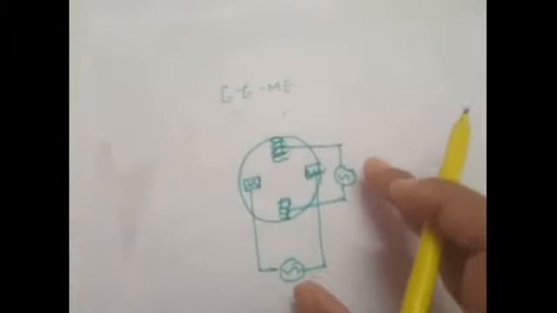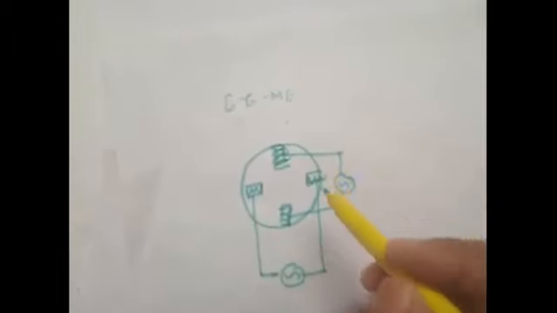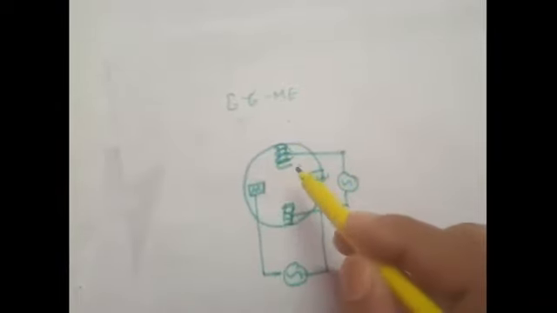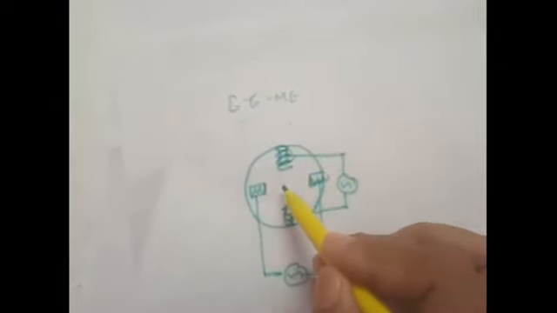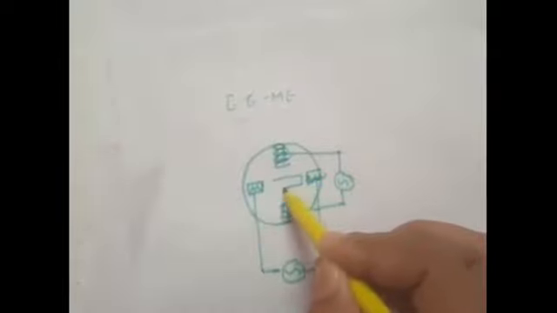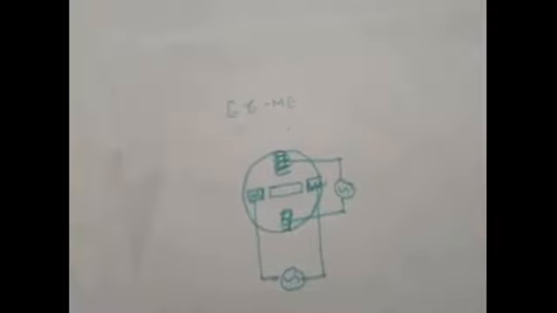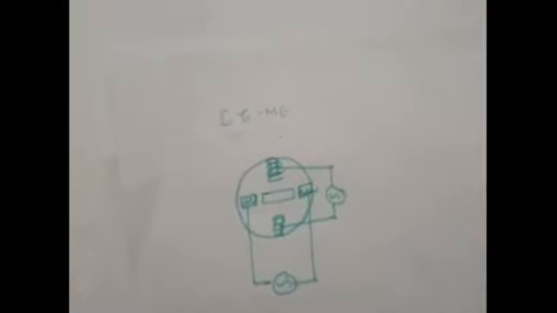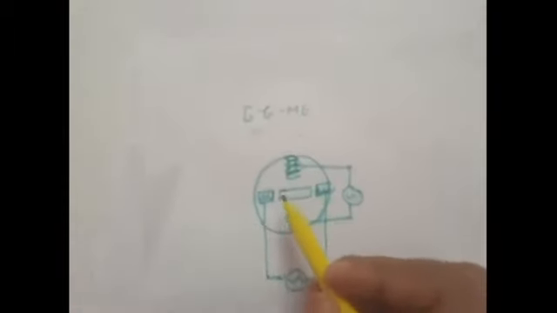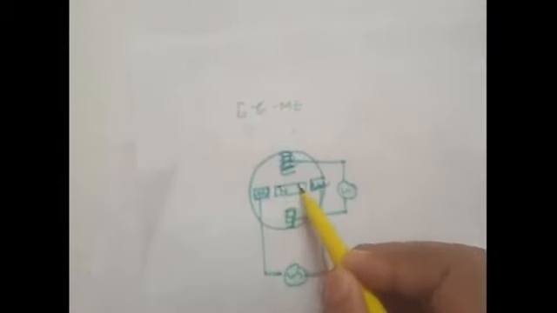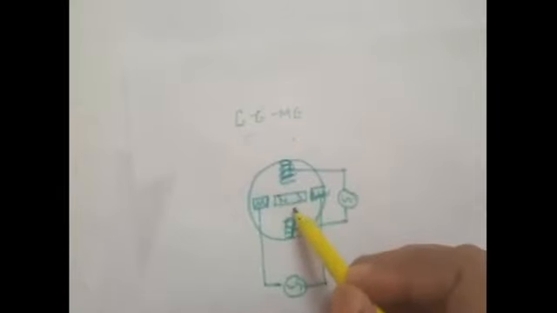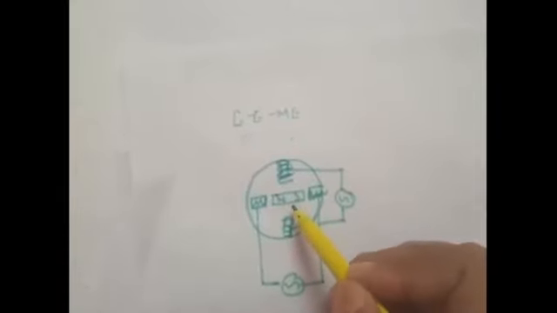So here we have two AC sources giving supply to the pairs of coils. Because the coils are not moving, these are called stators. But the magnet which is connected to a shaft rotates in between the coils when the current is passed through the coils. So this magnet, which is a kind of bar magnet, rotates, and that is why it is called the rotor.